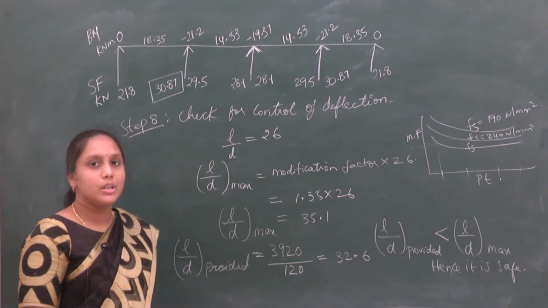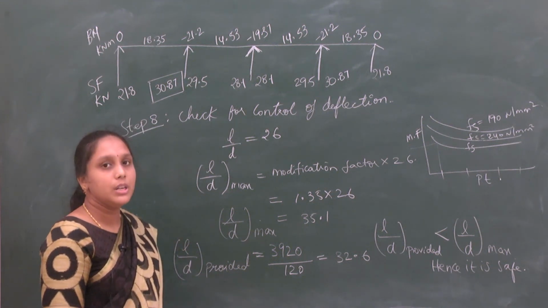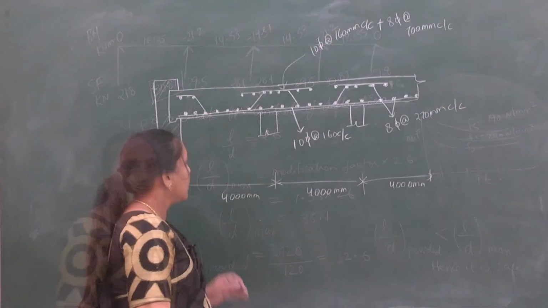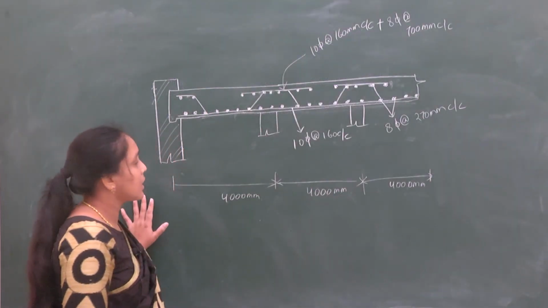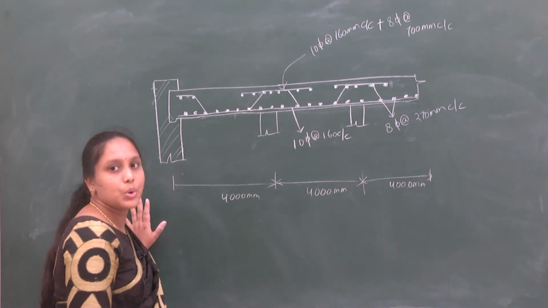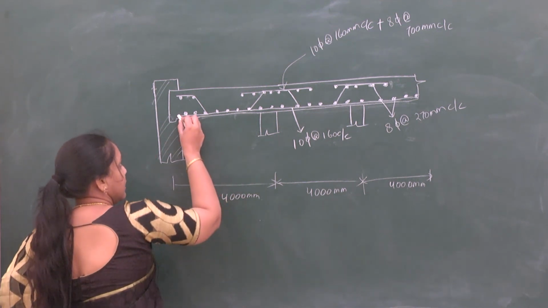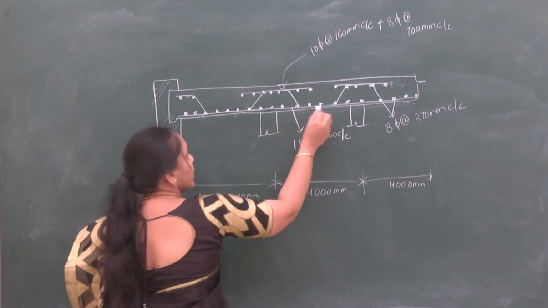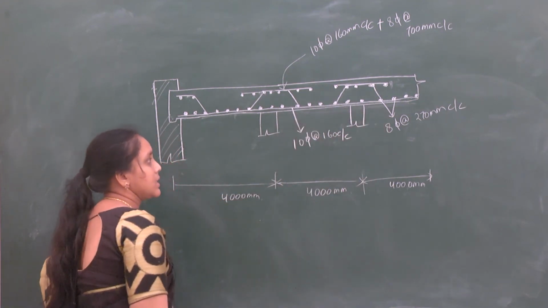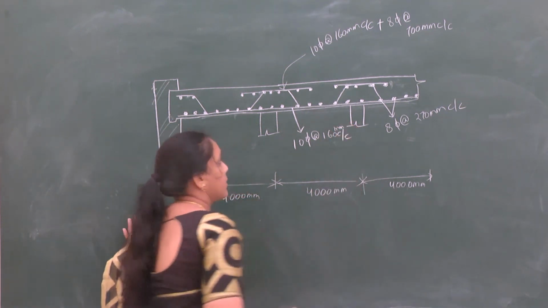Now, let us draw the reinforcement details we have provided for the one-way continuous slab in the diagram. Here in this continuous one-way slab, the reinforcement details are shown. The main reinforcement is this bar, which is 10 mm dia at 160 mm center to center.